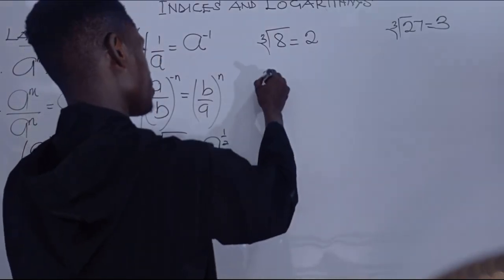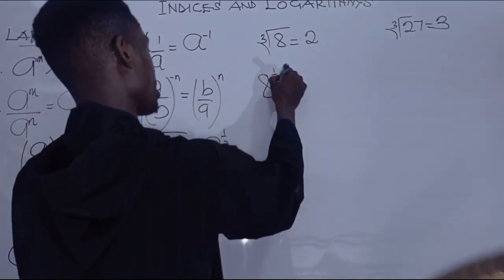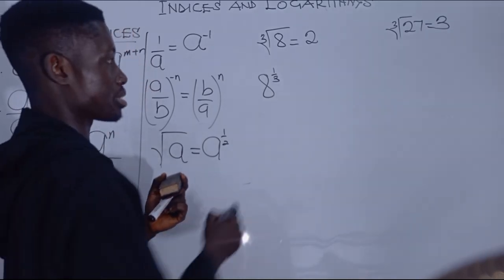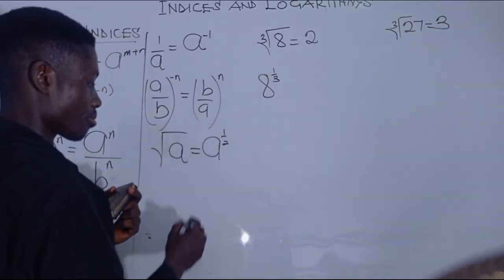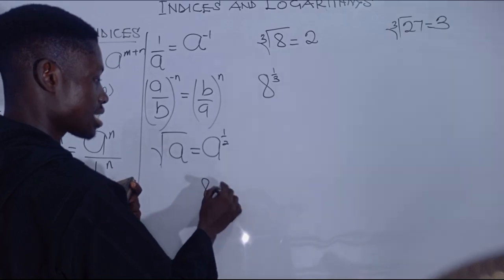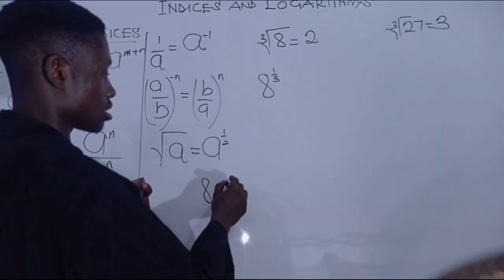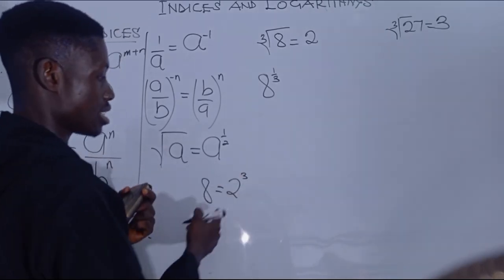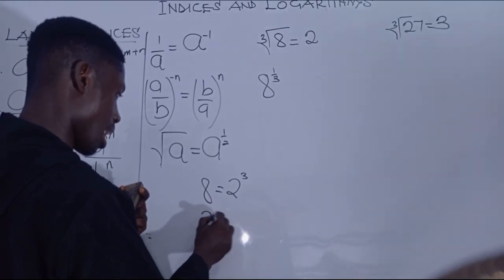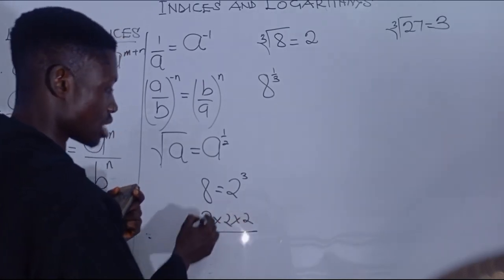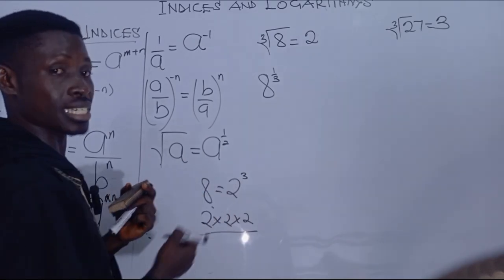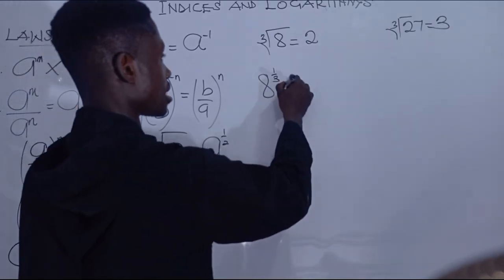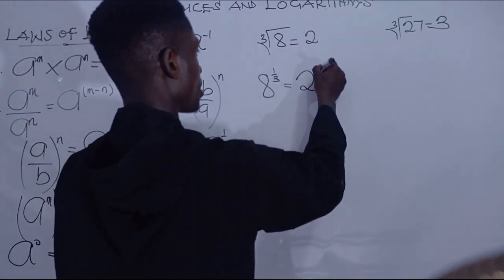Now let's write this as 8 raised to the power 1 over 3. We know that 8 can be written in an index form as 2 raised to the power 3, because 2 times 2 times 2 will give us 8.